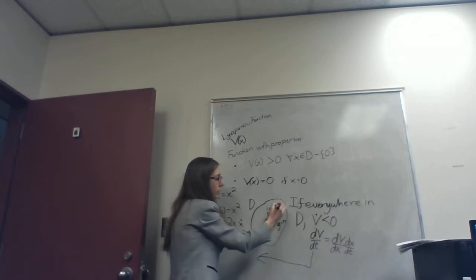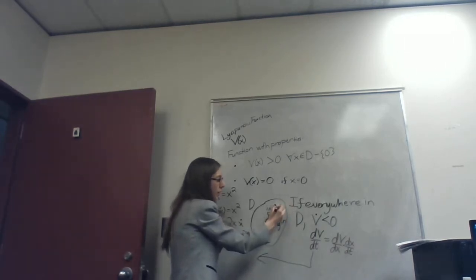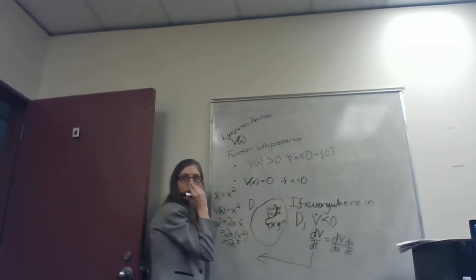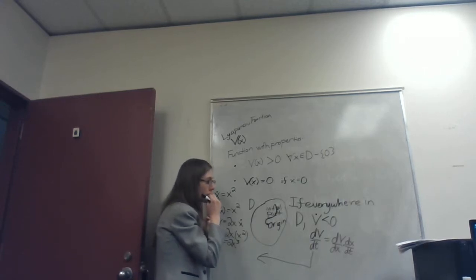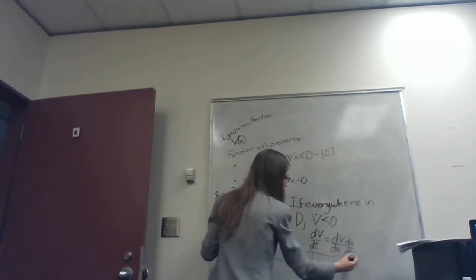I'm not just interested in looking at v here and here, because those are unrelated points. In the trajectory, these are the points that come next. So you look at how v changes as I follow this trajectory. Is that clear so far? That's what this dv dt is.